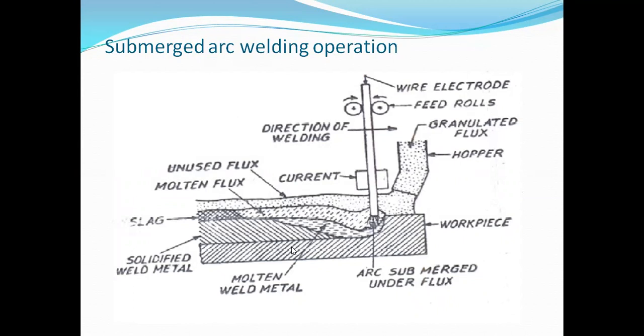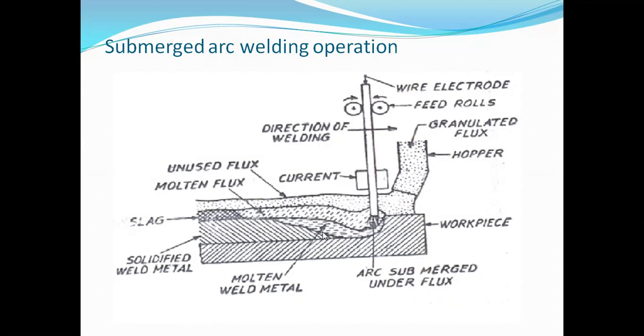This is the welding workpiece, and on that workpiece we are providing this granulated flux hopper, right? So through this hopper we are providing a continuous wire in this welding zone, and the welding process is done under this flux area.